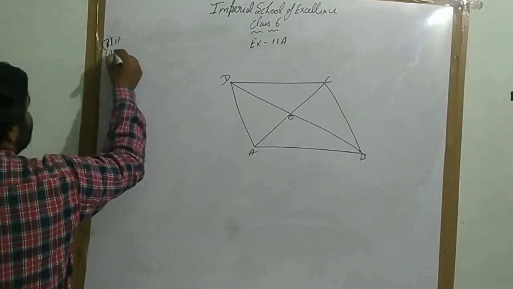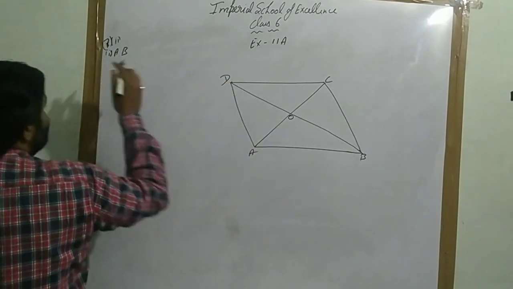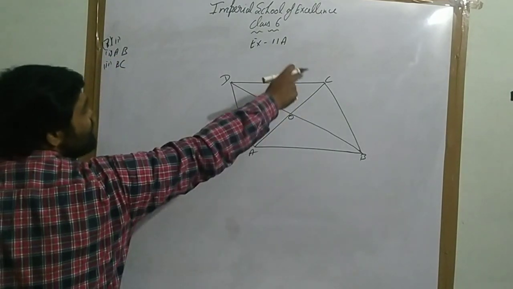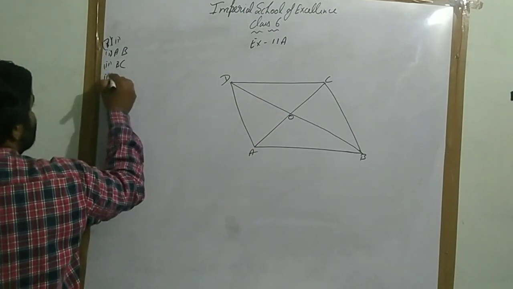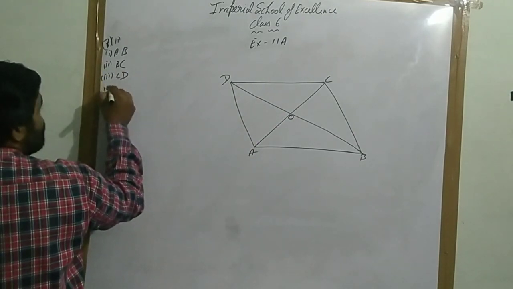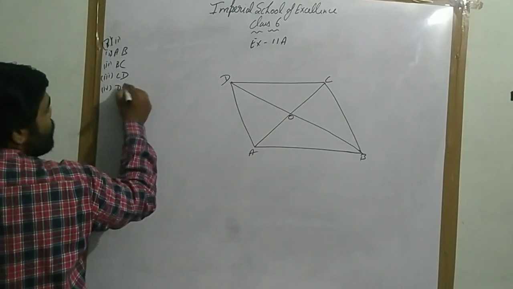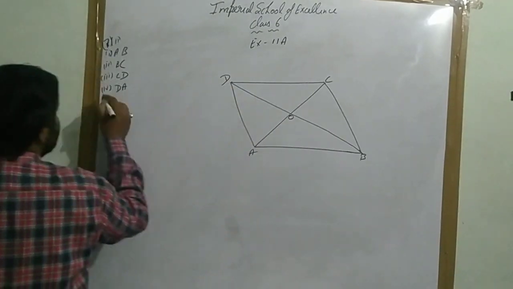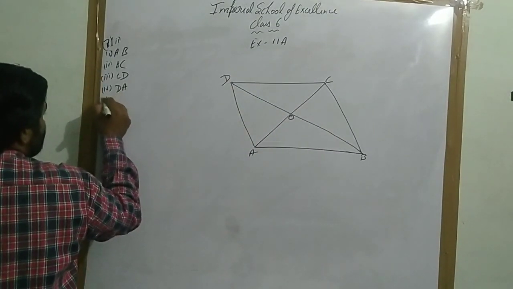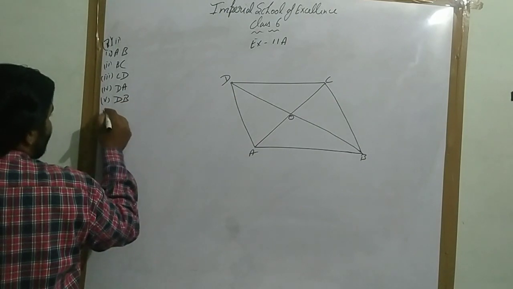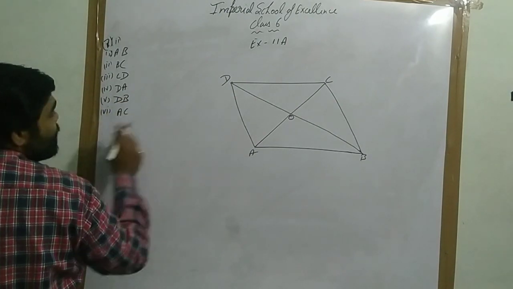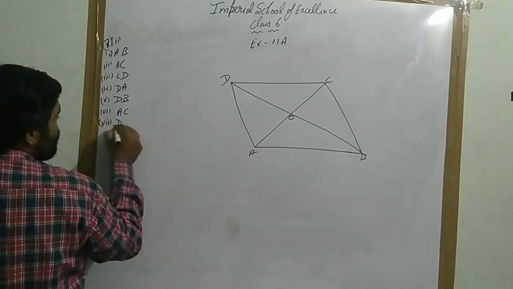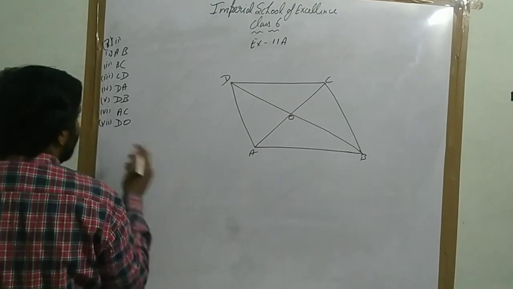Number 1 AB, BC, CD, DA. Okay, after that now take here DB, then AC, then DO.